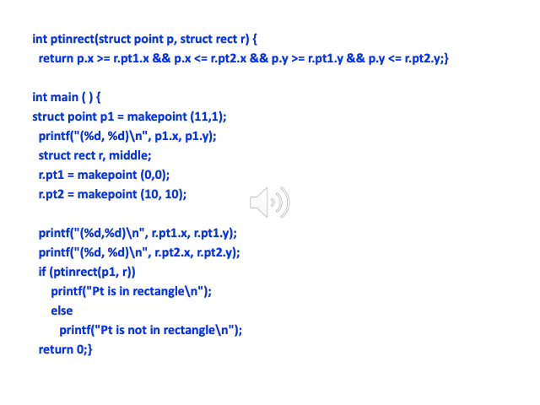A similar kind of check will be done with the y components. We have to check that the y component of p is within the bounds of the y components of point 1 and point 2 for the rectangle r. If both are true, then this function will return a value of true, which most likely will be 1, and if it is false, then it will return a value of 0.